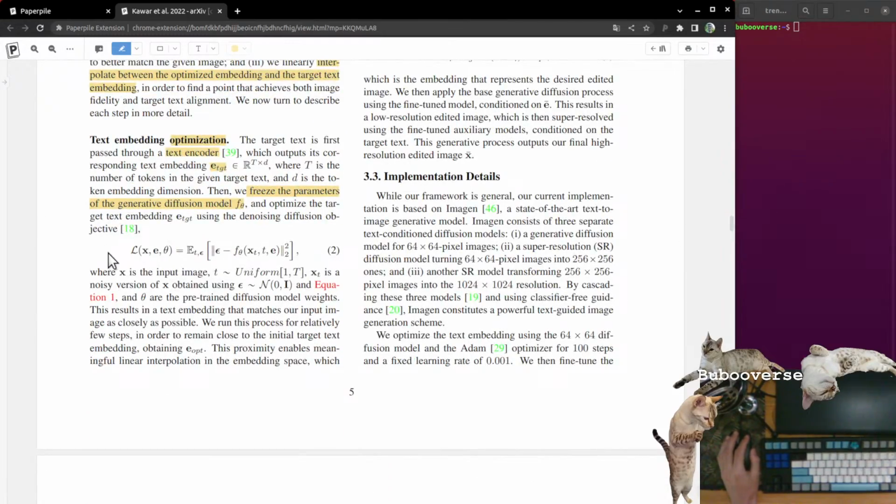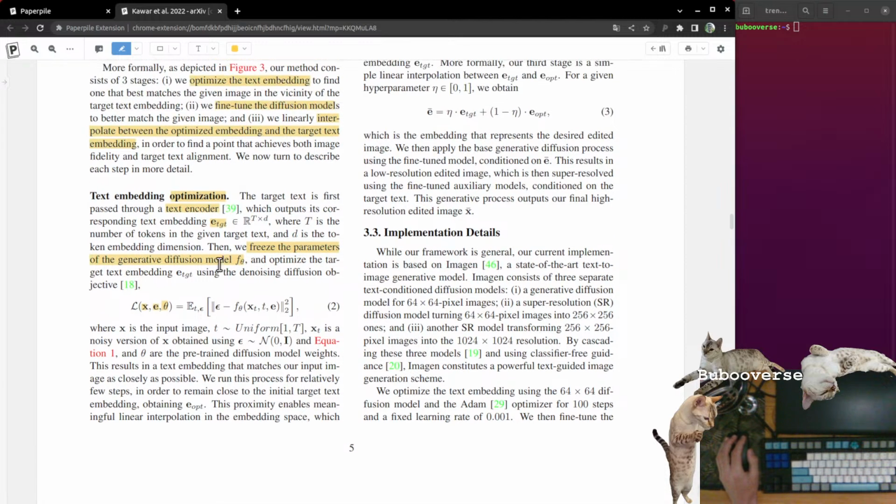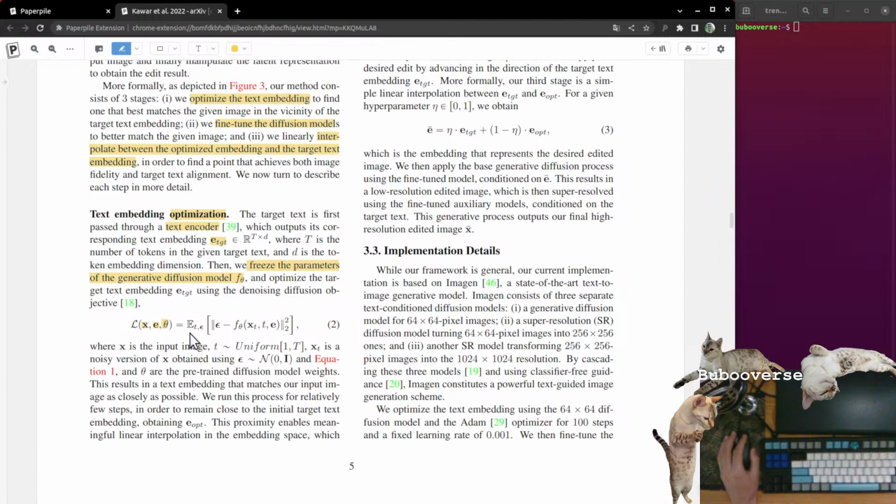And the optimization, they're trying to optimize against this loss function here, which is a function of an image, an embedding, and then theta, the neural network parameters of the generative diffusion model, right? So the weights and the biases.